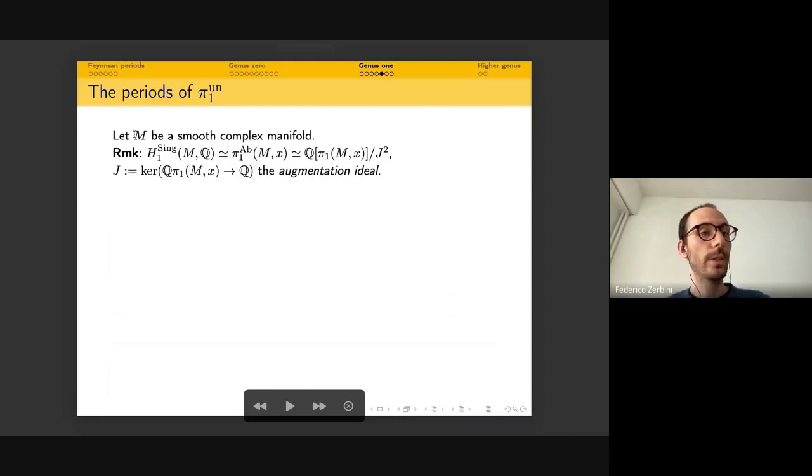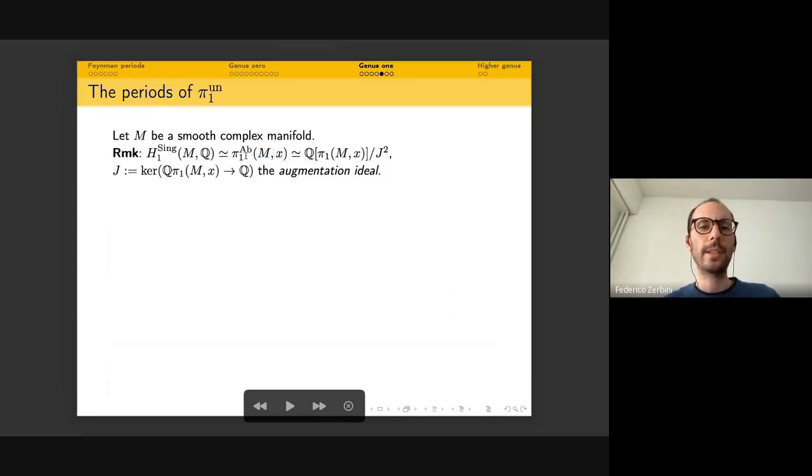So let us consider a smooth complex manifold M. If you consider the singular homology, you all know that this is essentially the abelianization of the fundamental group of the manifold at any point x. Well, this is not quite correct, I'm sorry for that.